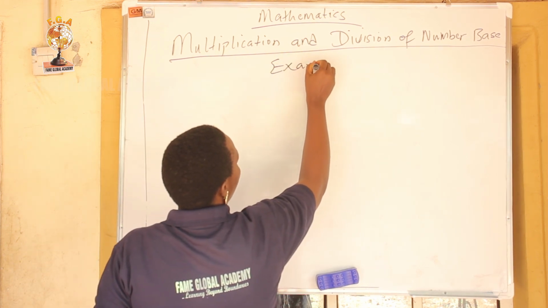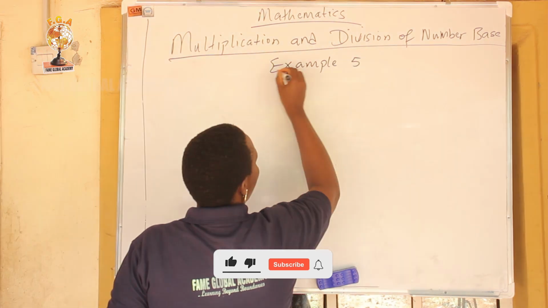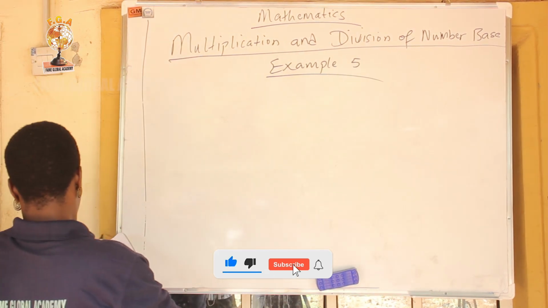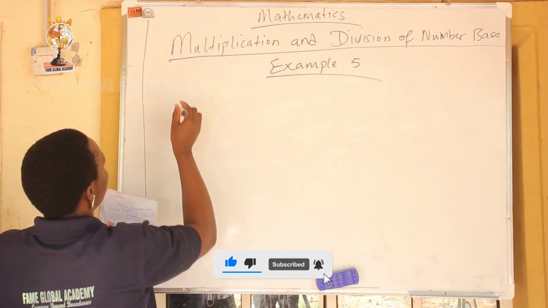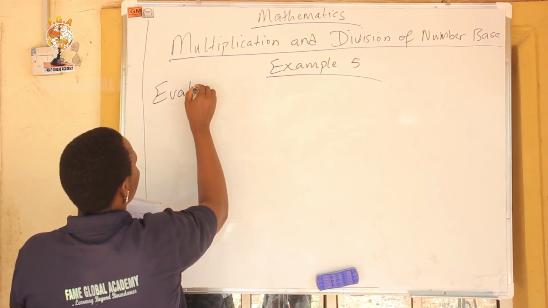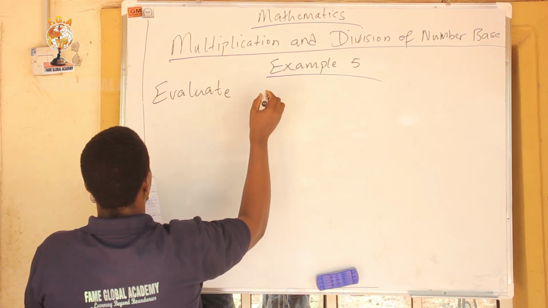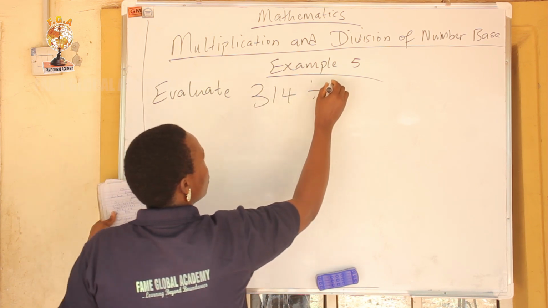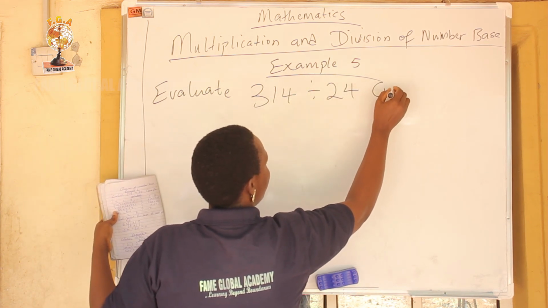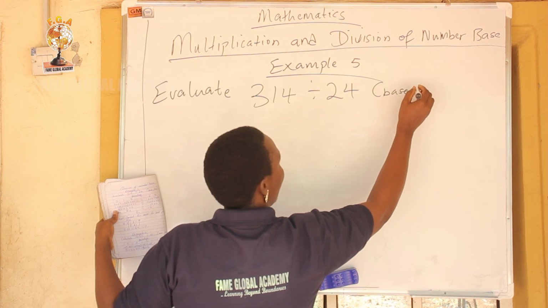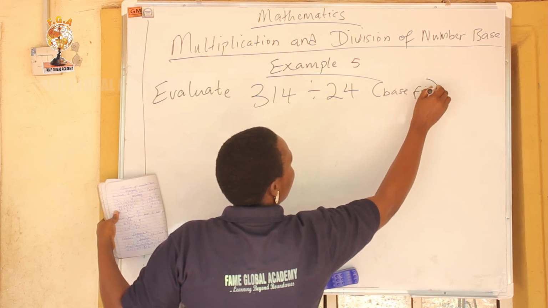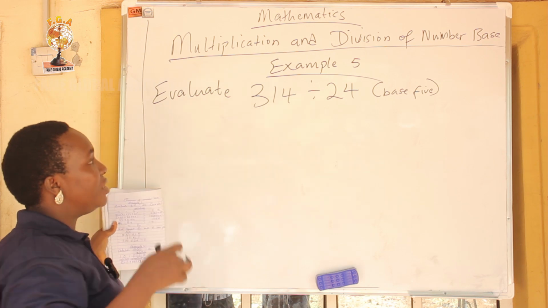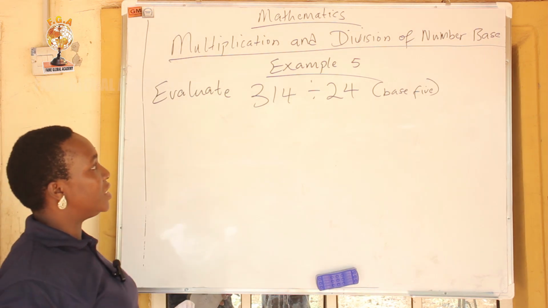Say evaluate 314 divided by 24 in base 5. Okay, 314 divided by 24 in base 5.